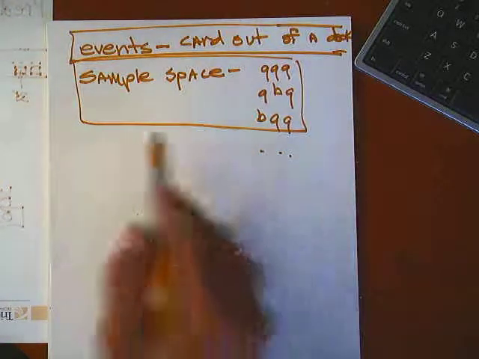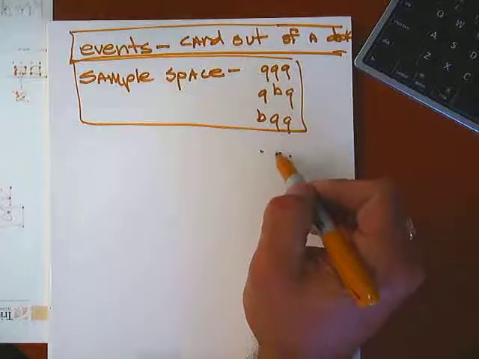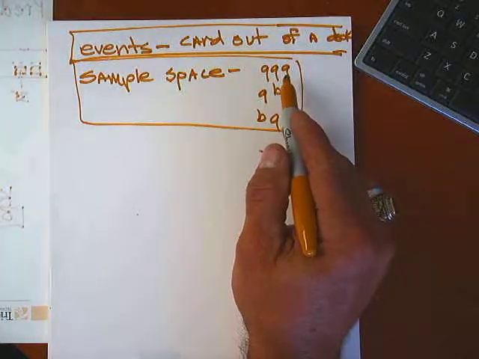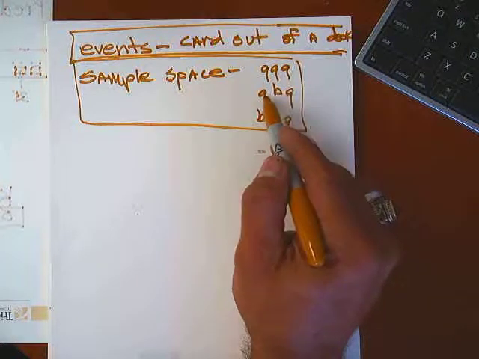So let's say that we are talking about 2 boys and 1 girl. What is the sample space?